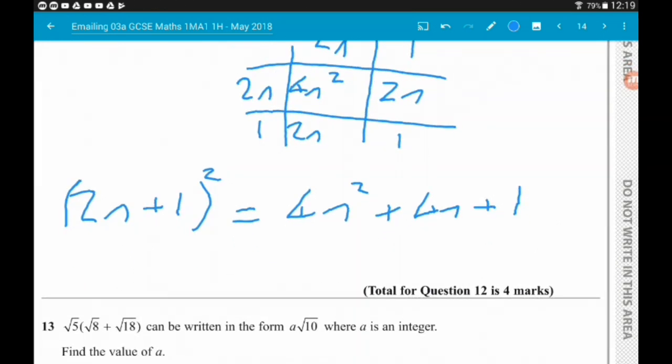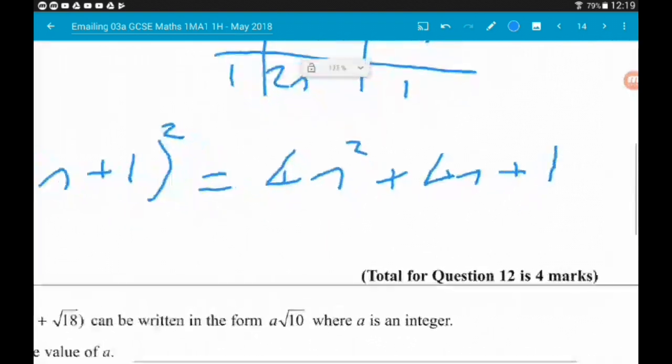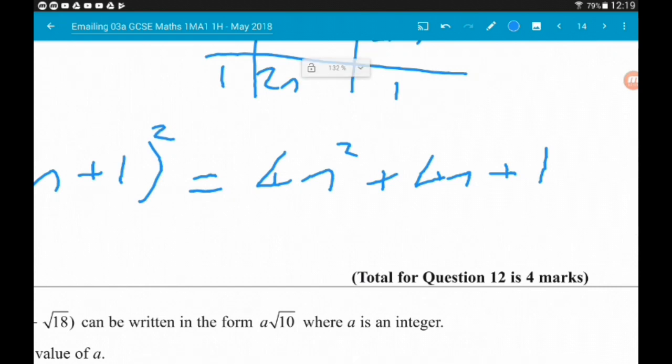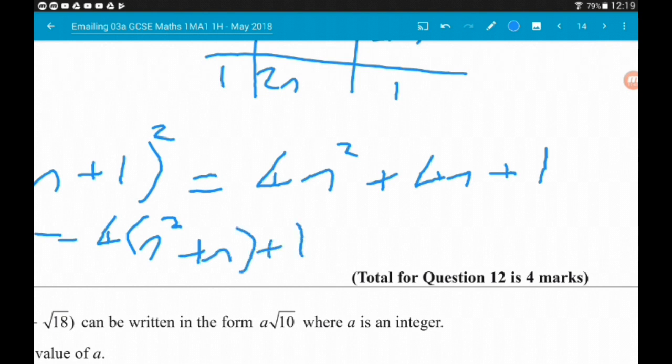Now, notice here, the first two terms have a common factor of 4. So we could write this as 4 lots of n squared plus n, plus 1.